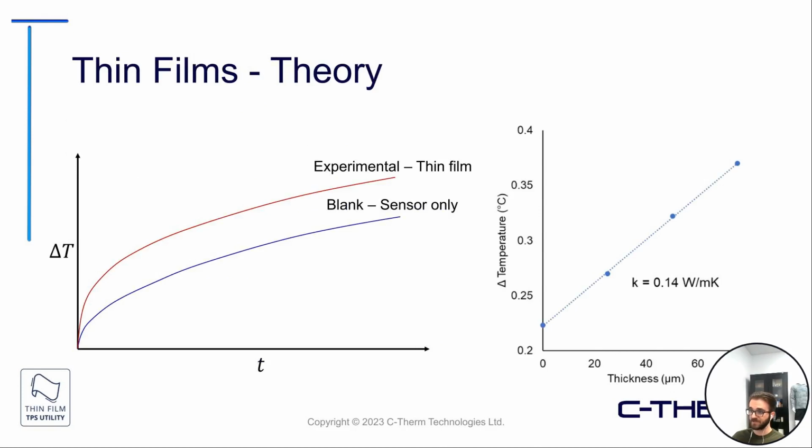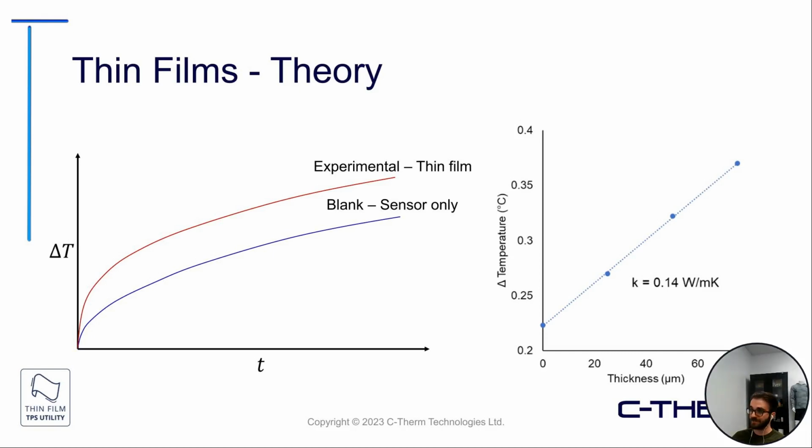So how this works is essentially as you start with these measurement points, starting with your blank and then adding in your film, we're subjecting the material to a heat pulse over a defined time period. As you incorporate the layers of film, you'll see a shift in that temperature profile.